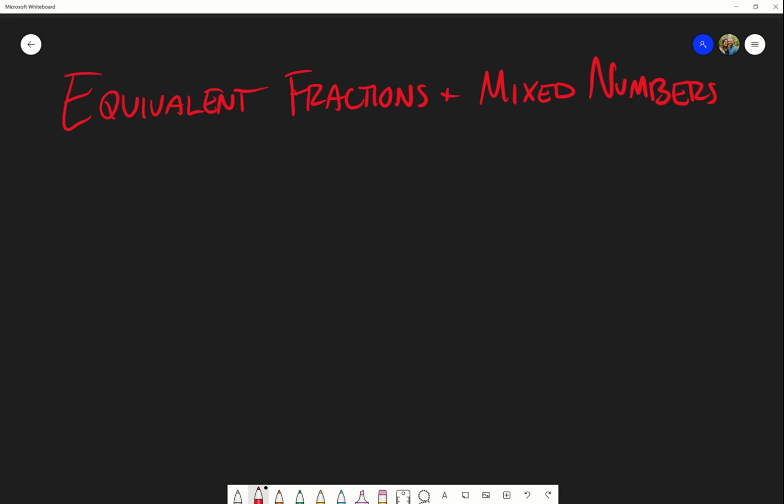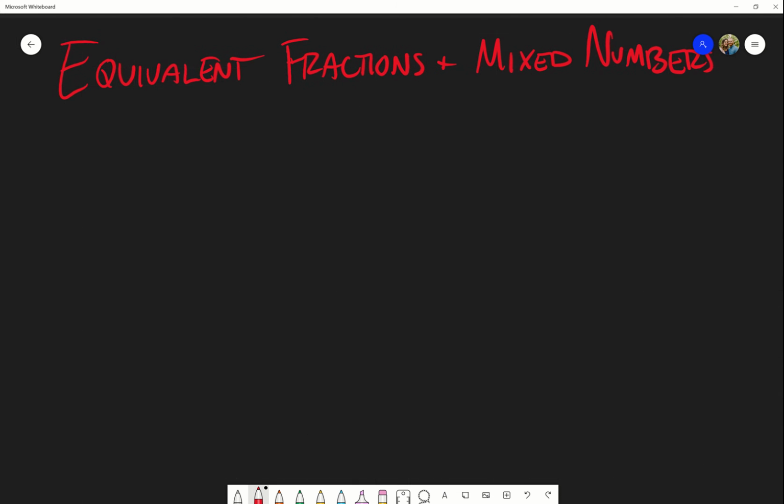We're going to start talking about equivalent fractions, and then we'll get into mixed numbers at the end of our day. So equivalent fractions, if you look at the word equivalent, it starts with the same letters as the word equal. So equivalent fractions are just another way to say equal fractions. I'm going to put the official definition here.